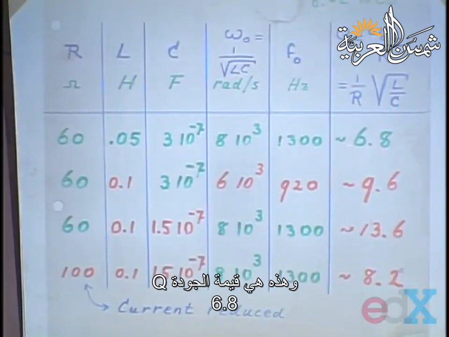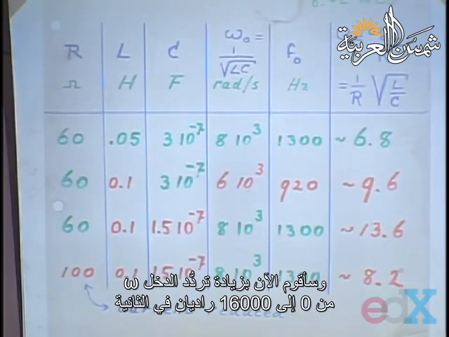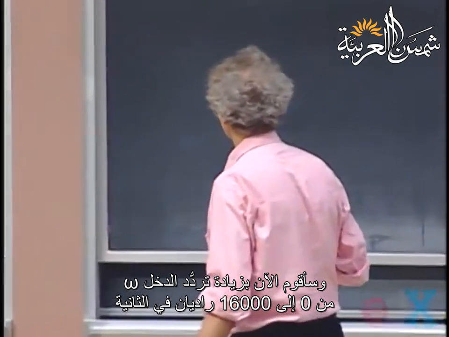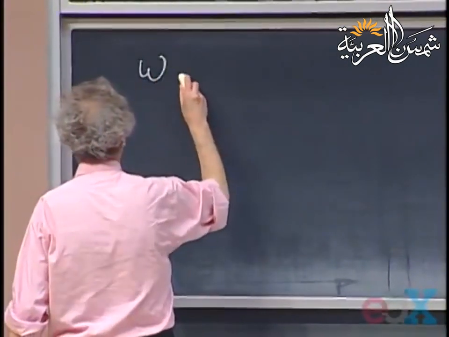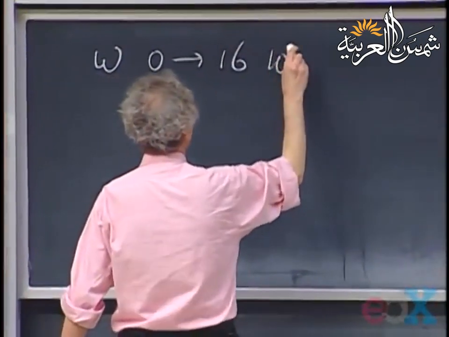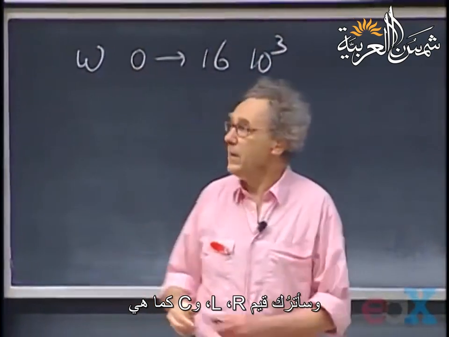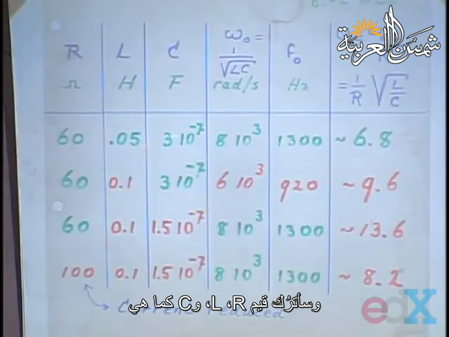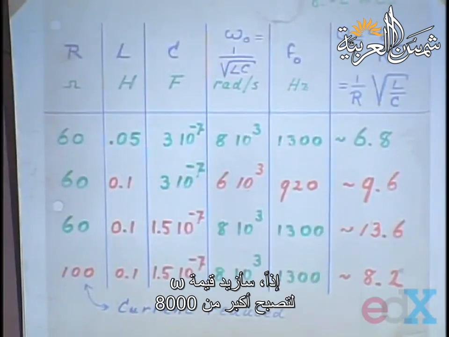And just in case you're interested, I give you the Q value there as well. And what I'm going to do now is sweep the input frequency from 0 to 16,000 radians per second. So my omega can go from 0 to 16,000. And I leave the values as they are here. So I'm going to sweep over this 8,000.